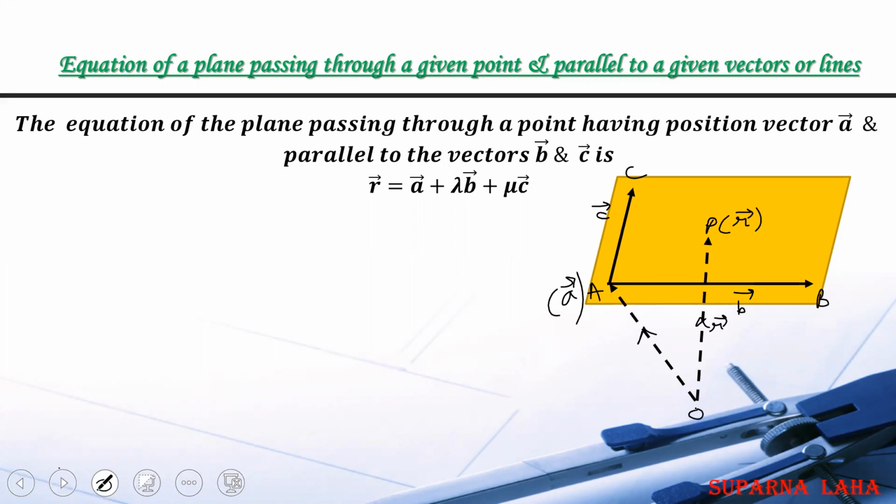This is the origin. Then by this parallelogram, we can easily find the equation of the plane.